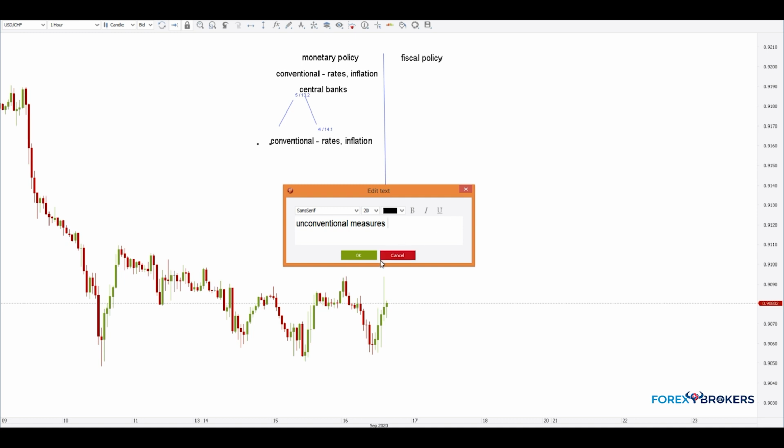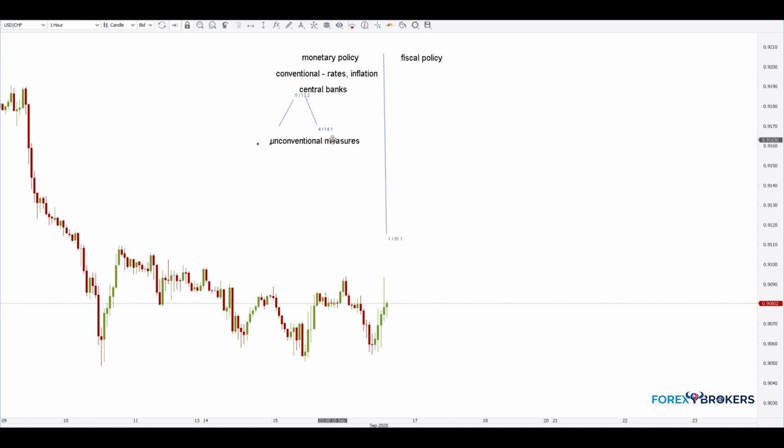Now, unconventional measures. In this chapter we have quantitative easing, meaning central banks buy government bonds with the intention of influencing the yields, lowering the cost of borrowing, so companies and banks will have access to cheap capital in order to deploy the money into the economy, and for the economy to gradually recover.